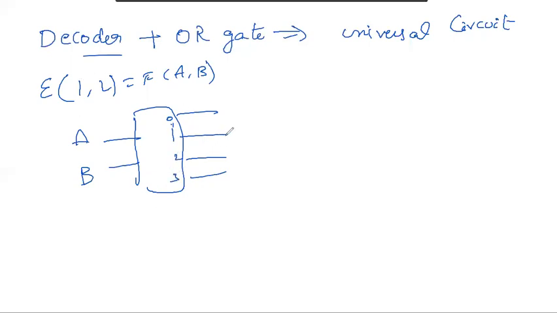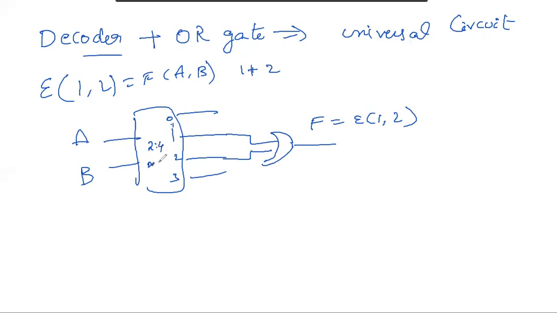So 1, 2 means 1, 2. Sigma means 1 plus 2, right? So you have to take one OR gate for the plus operation. This is the final F, that is sigma 1, 2. This is a 2:4 decoder.